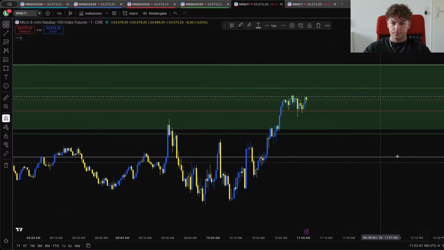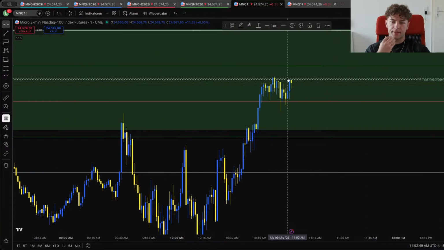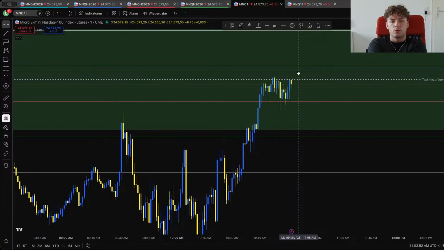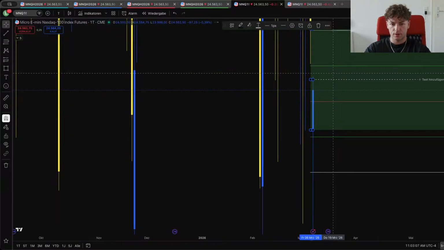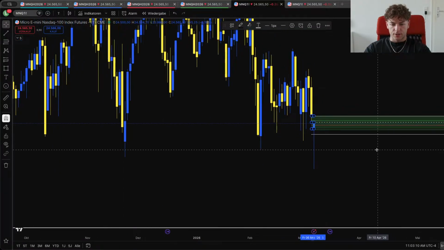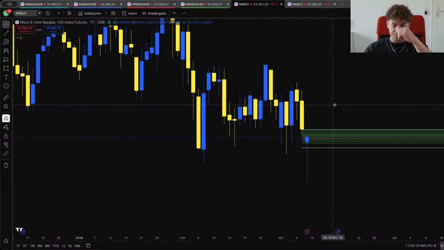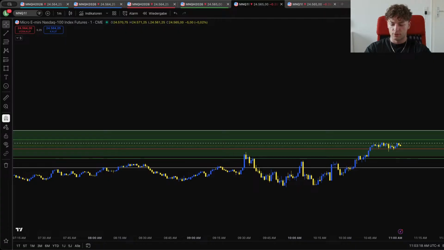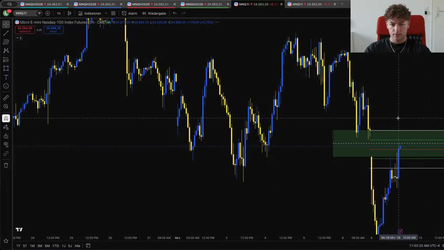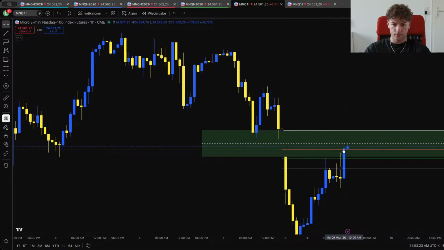But maybe it seems like we want to explore higher prices. Maybe, I don't know. Bias is still bearish on high time frames, but considering the conditions we are in, maybe it's more likely for price to fill in this new week opening gap completely.